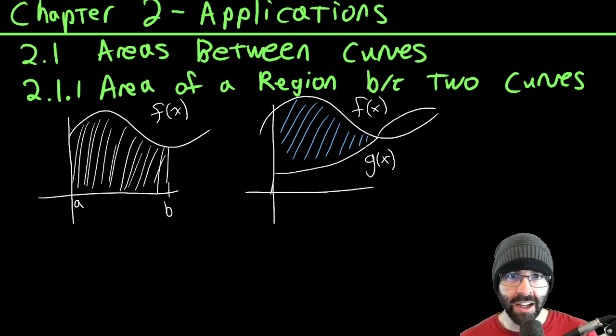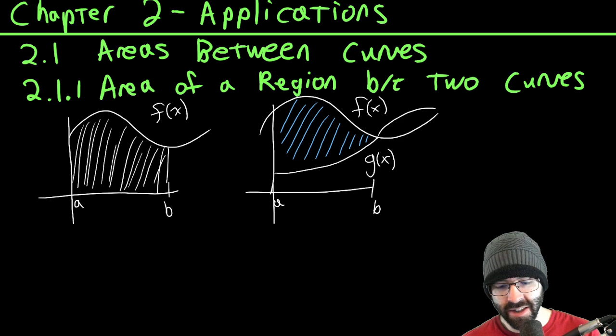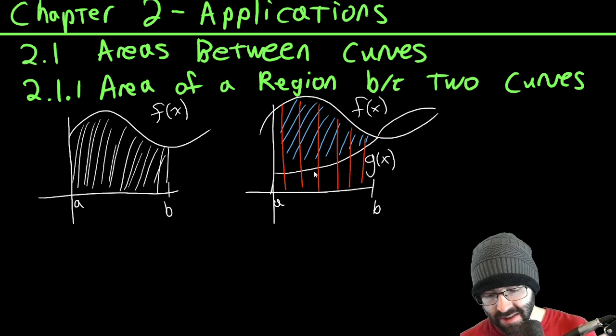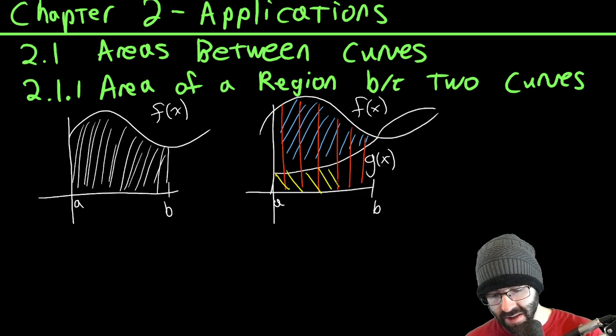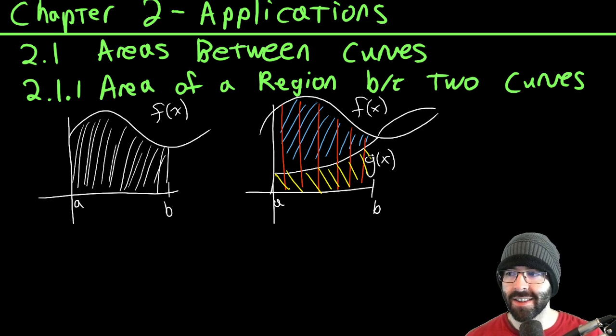The geometrically inclined people might recognize something that we can do. What is this blue region if not the red region minus the yellow region? Blue is just red minus yellow.